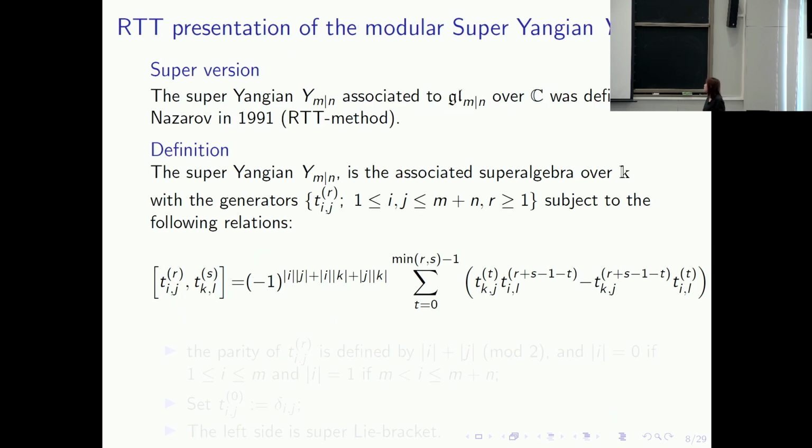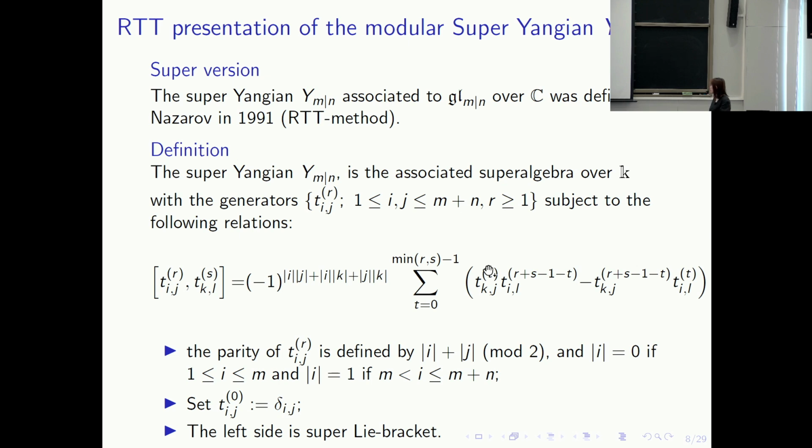The super Yangian associated to gl(m|n) over the complex field was defined by Nazarov. Following Nazarov's definitions, we defined the super Yangian Y_{m|n} over K of positive characteristic in this RTT formula.